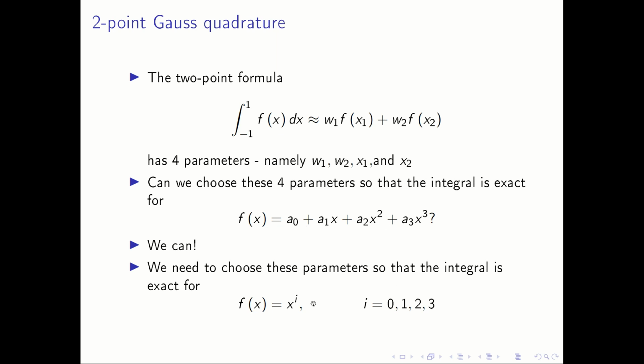If these 4 polynomials give you exact results, then of course any linear combination of them will, that is any general polynomial which is up to degree 3. I say up to degree 3 because a3 could very well be 0, and then you would not get a degree 3 polynomial. The same expression would be a degree 2 polynomial, or even less. a2 could also be 0. Anyway, if I get exact values for 1, x, x squared and x cubed, I will get an exact value for f of x for any polynomial which is up to degree 3.